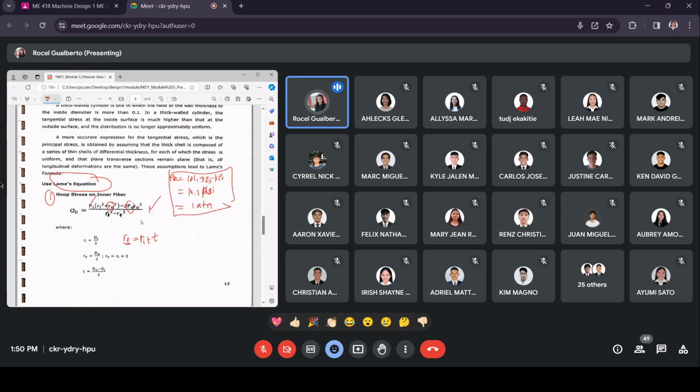So ito po yan. Okay, so we need to have po yung sigma t sub I before we can compute for doon po sa kanyang thickness. Okay? And then take a look at sigma t sub I. It's a function of RO. Okay? So, ang gagawin po natin si RO, since siya po ay unknown, okay, pwede mo po siya gawing Ri plus T. Okay?